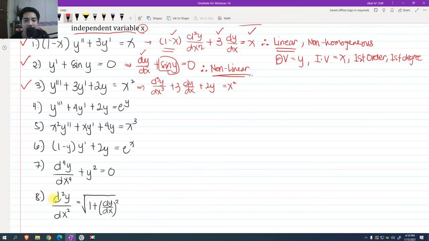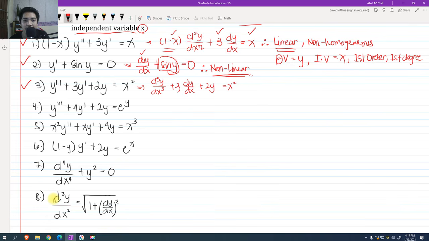So 3 is the value of a of x for dy over dx. We don't see any dependent variable attached or multiplied to this 3, and the same for this. And finally, we reach the term that has no derivative. We have y, with a sub 0 of x or any constant. So that's still checked.